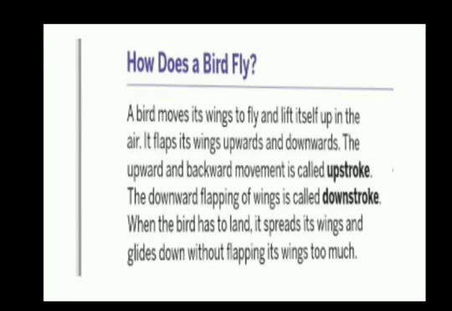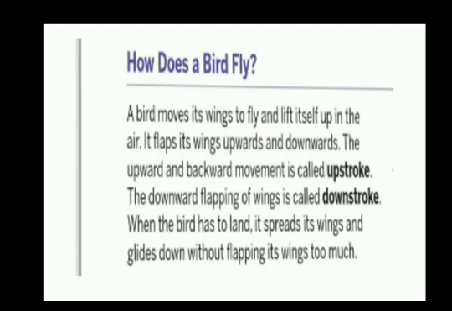The upward and backward movement, okay, up as well as back at the same time, they are moving their wings backside, up and backside. Okay, so the upward and backward movement is called upstroke, whereas the downward flapping of the wing is called downstroke.